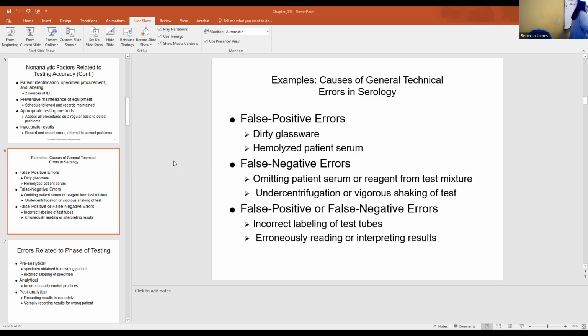So what do you think might be the problem? If resetting it didn't help, okay, so I reset the instrument. It might be the instrument still, but now your mind's going to go to something else: the sample, the QC.